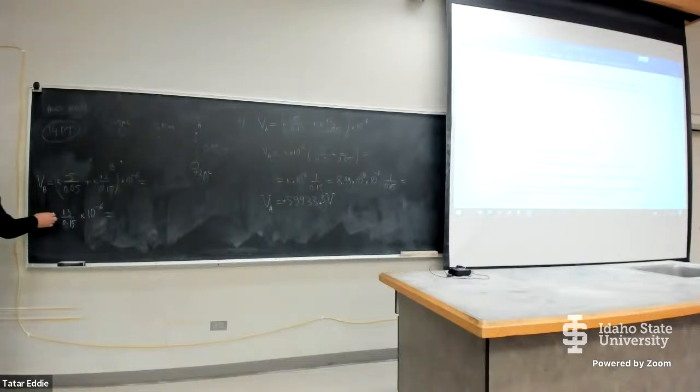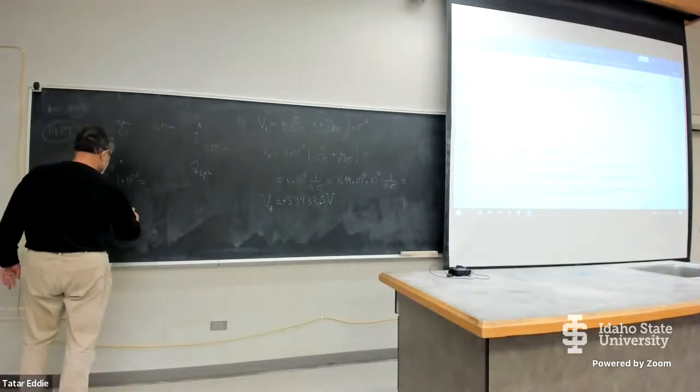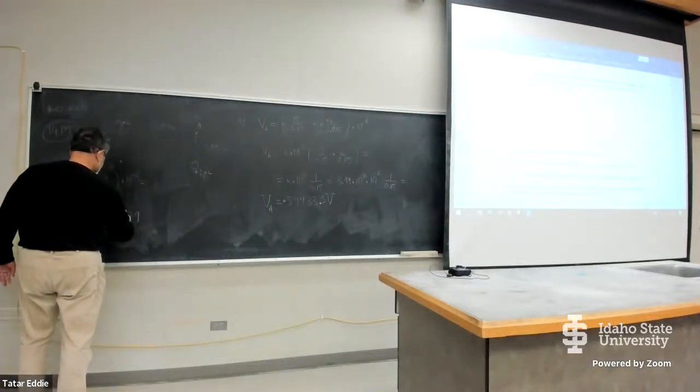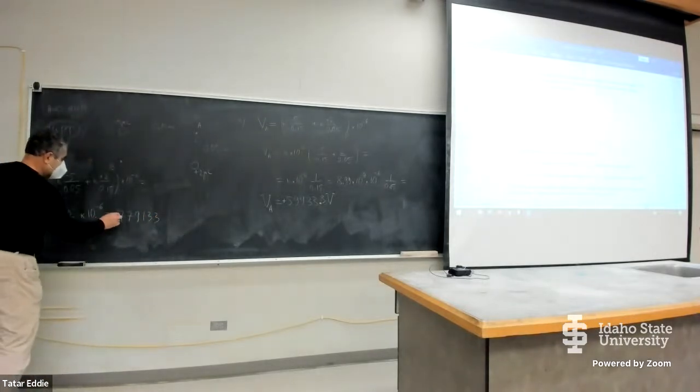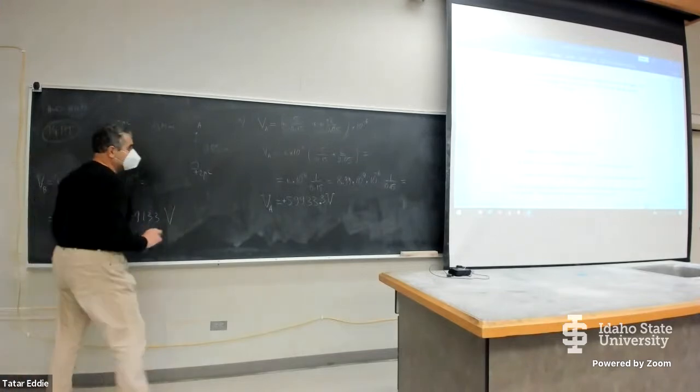But it is going to be a negative number, so put a negative sign, that's important. Negative 779,133, with the negative sign of course.